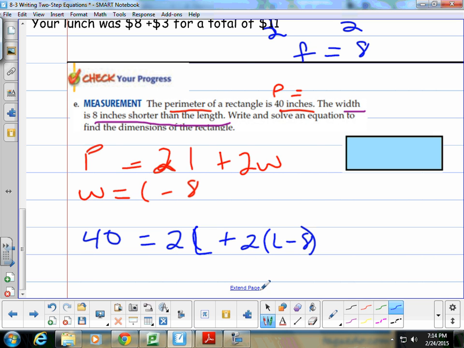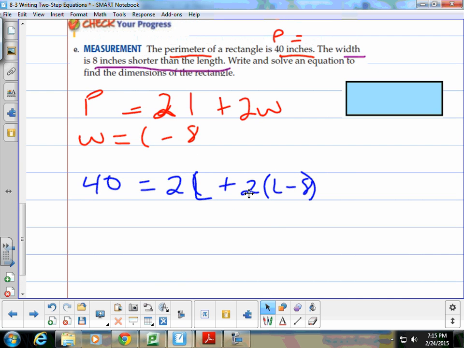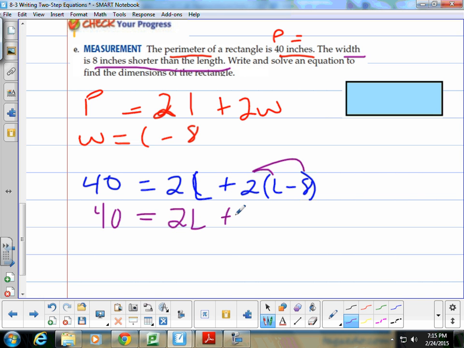And now I have an equation that I can go ahead and solve. So I'm going to solve this equation by doing distribution first. So I do 2 times L and 2 times negative 8. So I'm going to rewrite this as 40 is equal to twice the length plus twice the length minus 16.